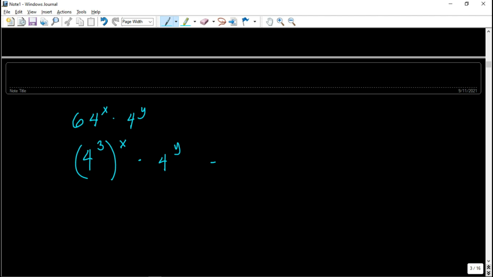Let's simplify. Using the laws of exponents, when you have an expression with an exponent that is raised to another exponent, you can just multiply that exponent to this other exponent. So this becomes 4 raised to 3x times 4 raised to y. Now we can combine because the base is the same. Again, when you are multiplying the same base with different exponents, you just add the exponents.